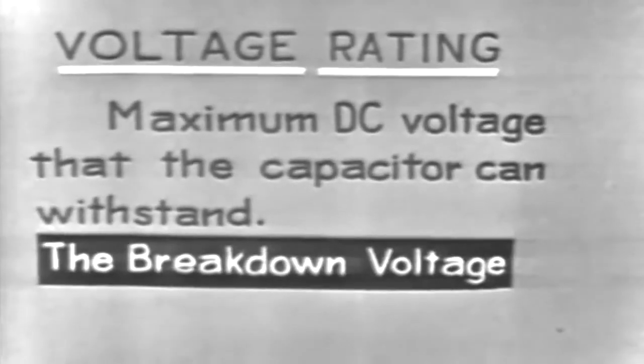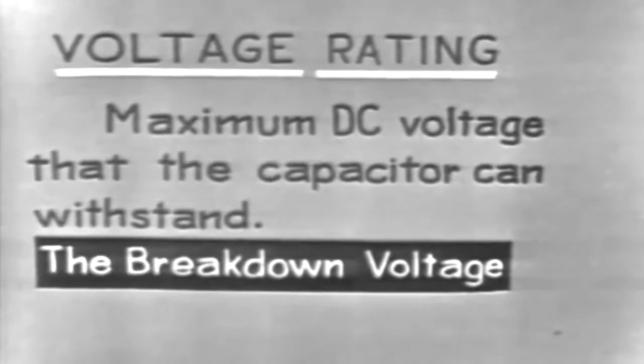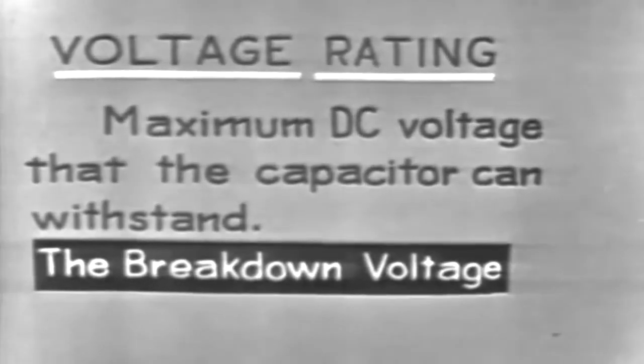This is also referred to as the breakdown voltage. Any voltage in excess of the breakdown voltage will electrically puncture the dielectric. This is a fancy way of saying that current arcs through the dielectric and in most cases burns a hole, permanently shorting the capacitor.